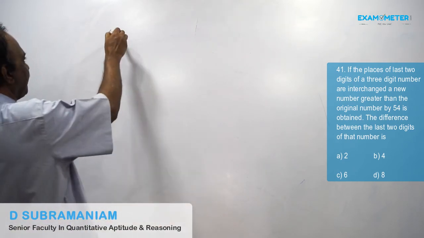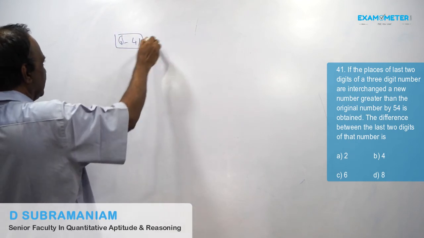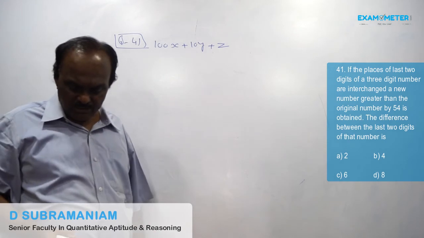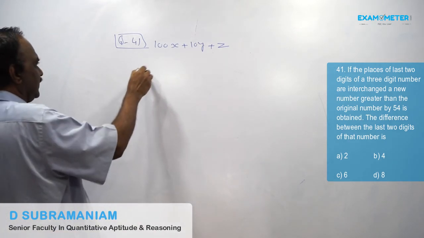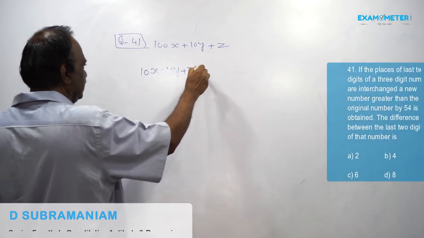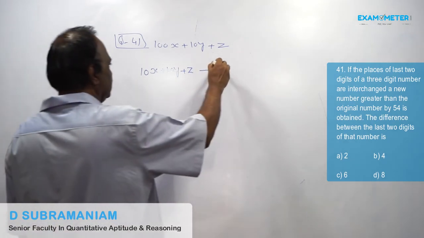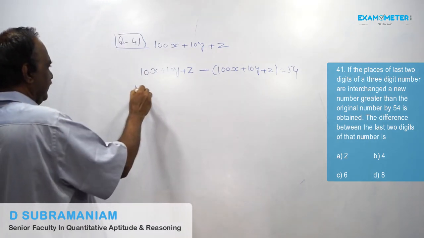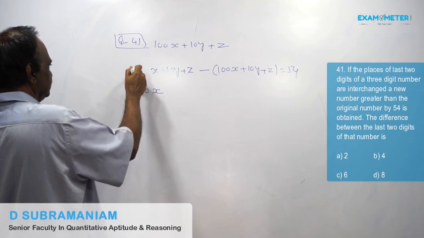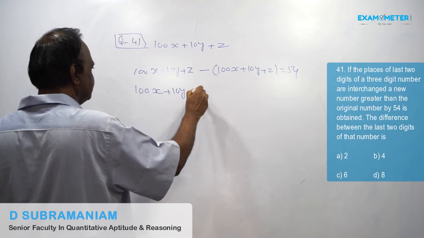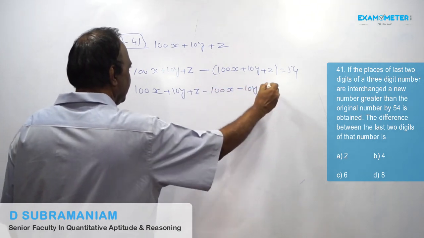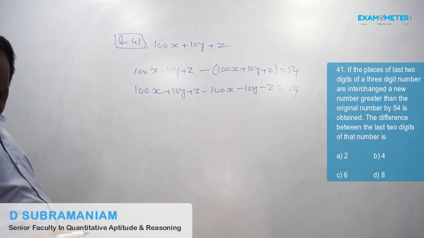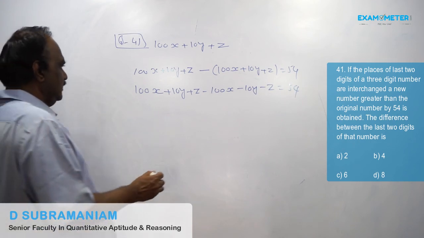Question number 41. So 3-digit number 100x plus 10y plus z. 100x minus... this is 9z.